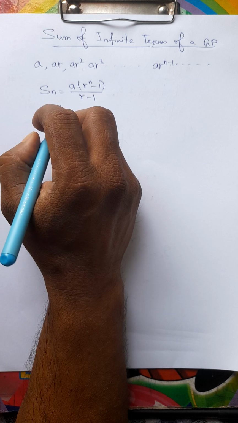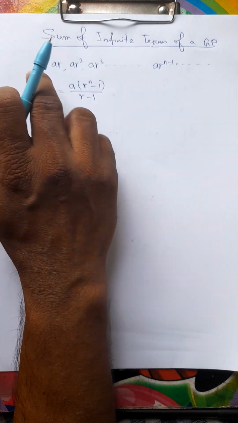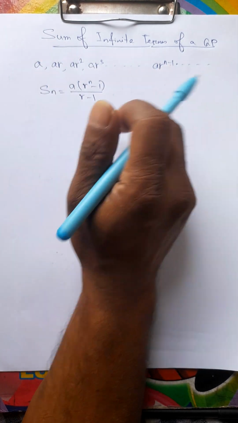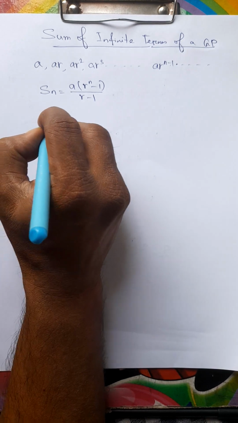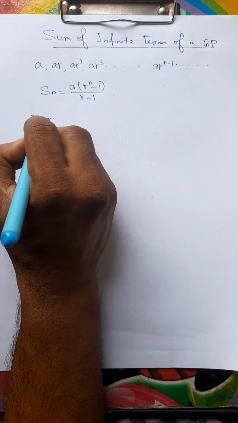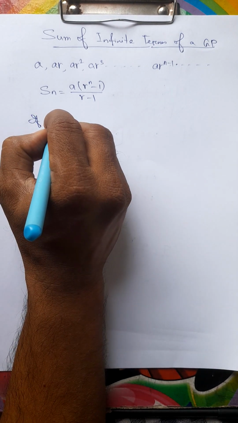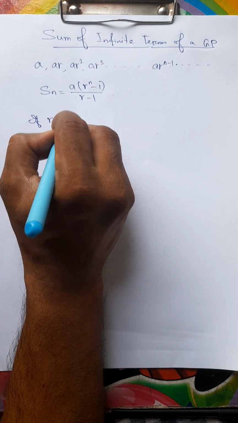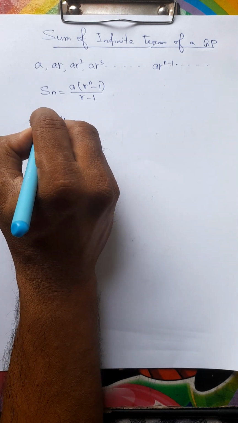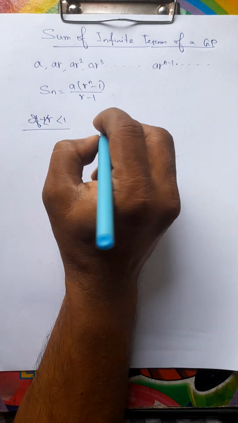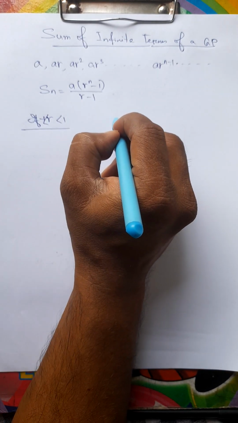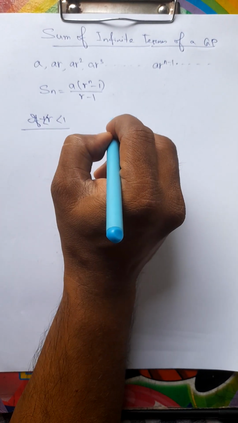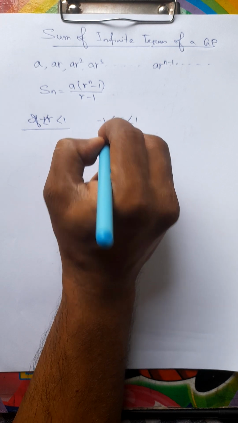Now let us think about if this series contains infinite numbers of terms, and let's say r is less than 1 and greater than minus 1, right? R lies in between 1 and minus 1.